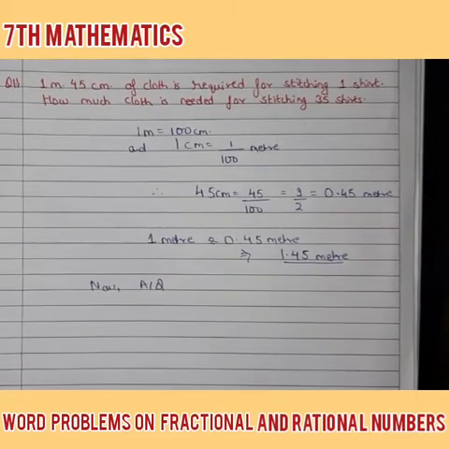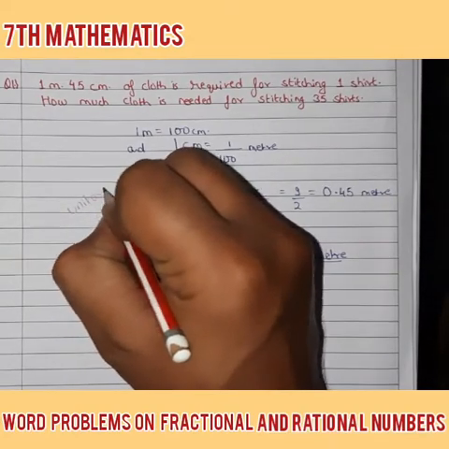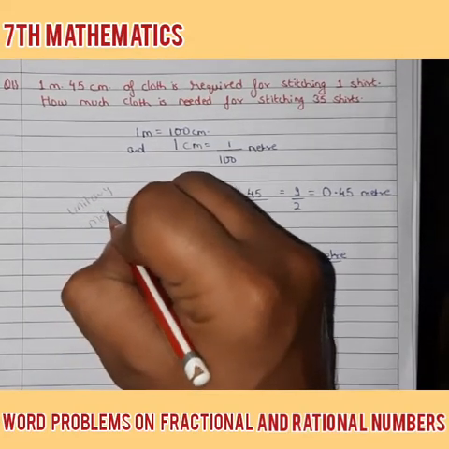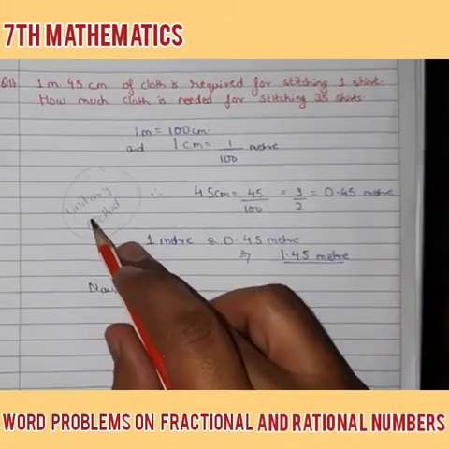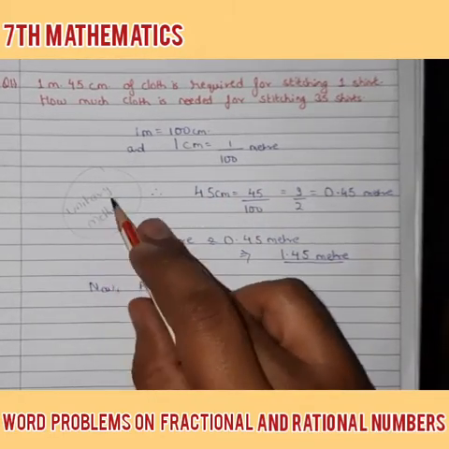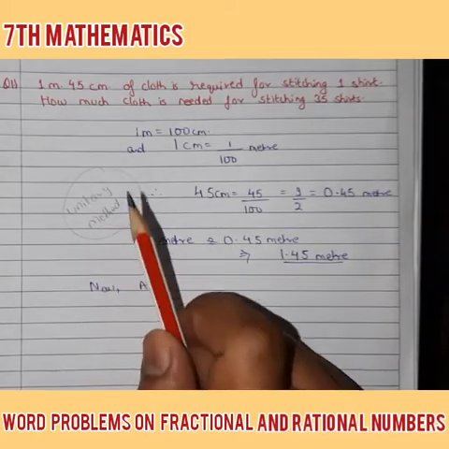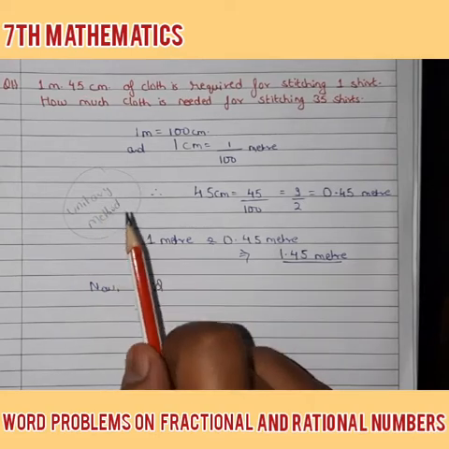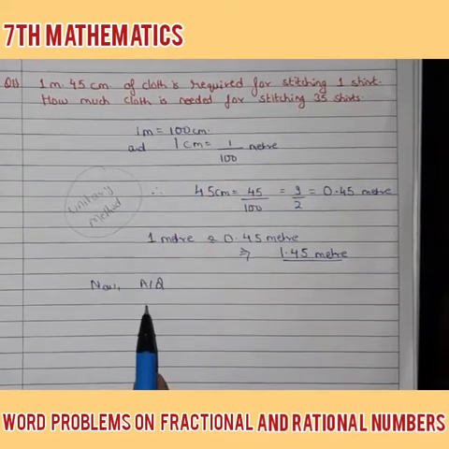This method is known as the unitary method. In standard 4th or 5th you must have read about it. This method means that first take out the quantity of a single unit, and by its value you can take out the quantity of a number of units. Now straight away come to the question.